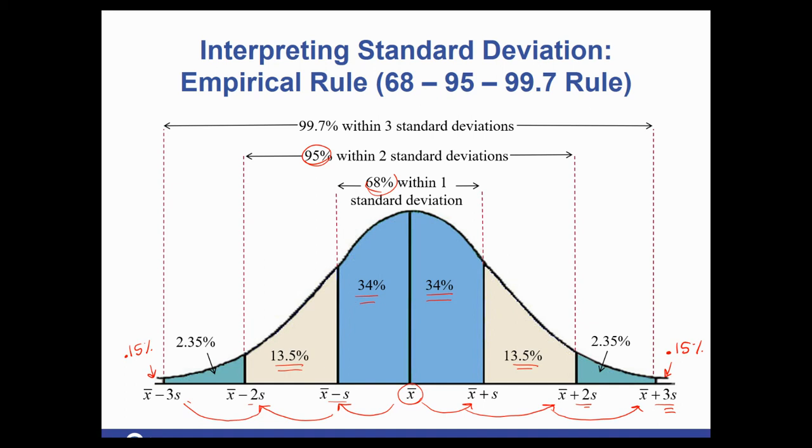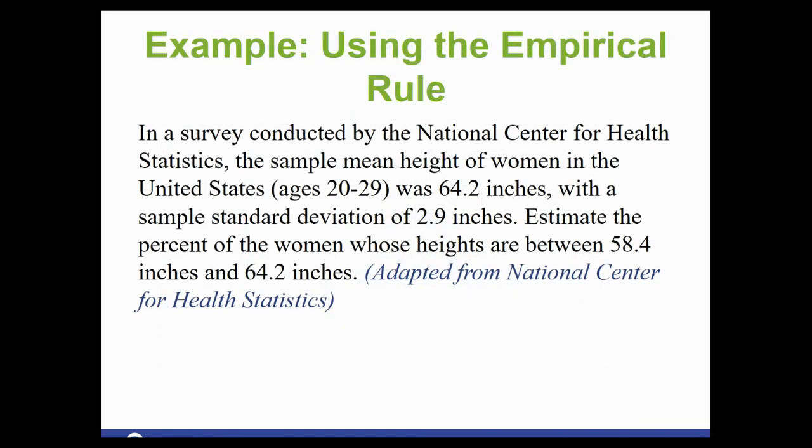So this is what a problem would look like when using the empirical rule. This example right here says, in a survey conducted by the National Center for Health Statistics, the sample mean height of women in the United States, aged 20 to 29, was 64.2 inches, with a sample standard deviation of 2.9 inches.